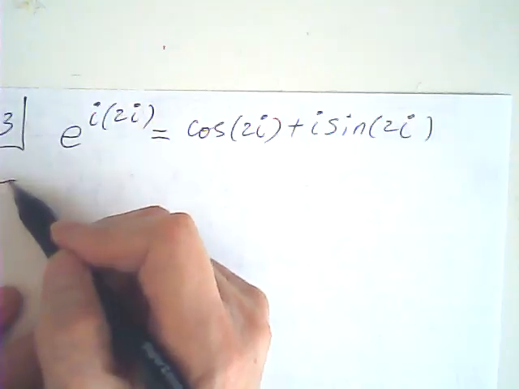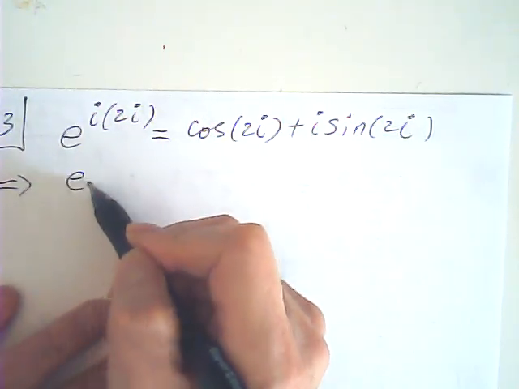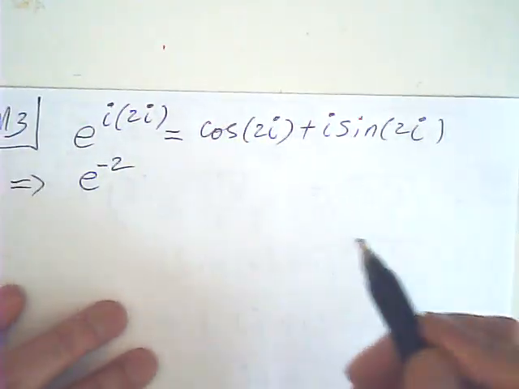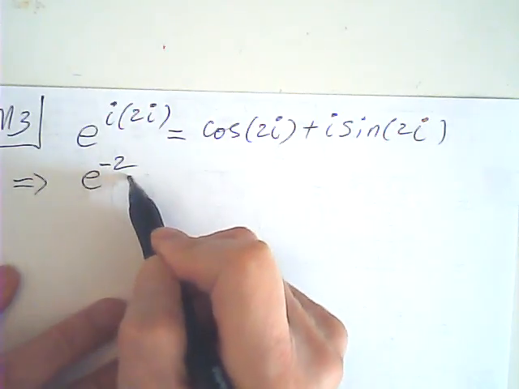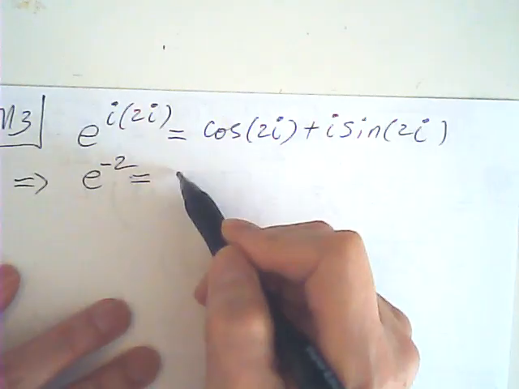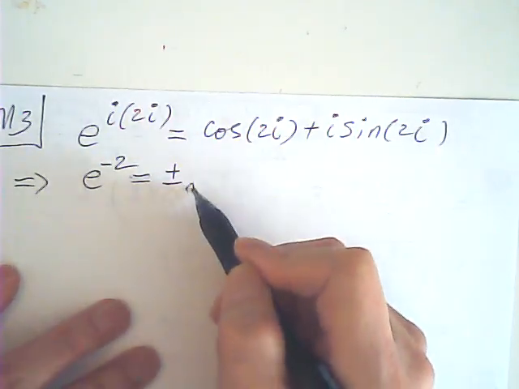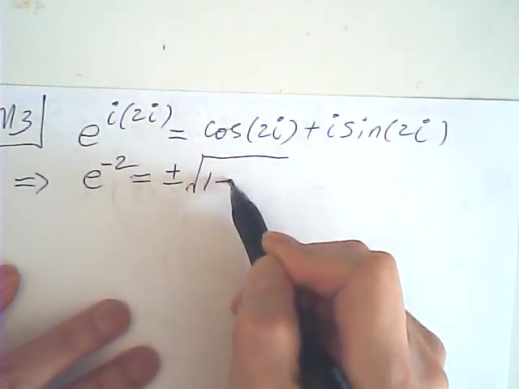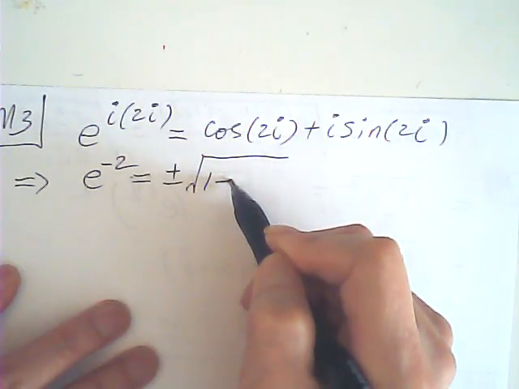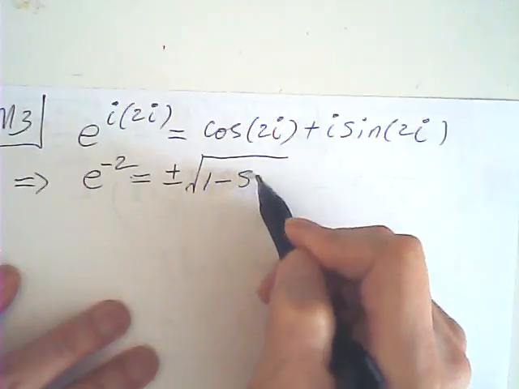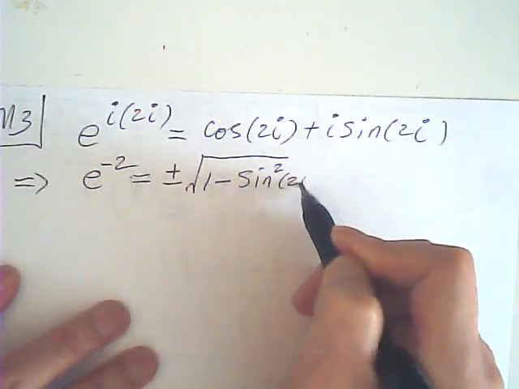So this means this is e to the negative 2 is equal to plus or minus square root 1 minus sine square over 2i, right?